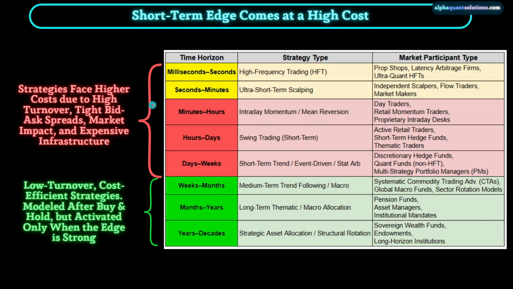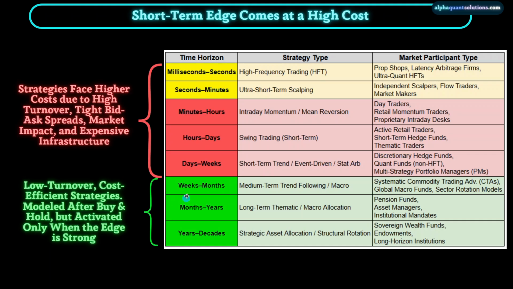But also because of tighter bid-ask spreads in general, and a cost due to market impact. Every time we enter or exit the market, we do impact the price. And finally, there is the cost of expensive IT infrastructure and hardware, especially for market participants located here in the yellow area.